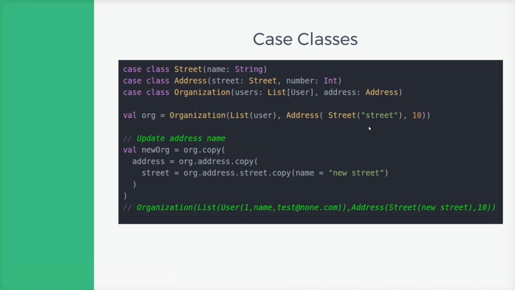To modify the name attribute of the address, we are going to have a hard time, because we need to copy the whole organization, then copy the whole address, and by the third line we have already forgotten what we were trying to do, because it is too much code. The idea is to keep copying everything until we get to the deeply nested attribute. This is awful in my opinion, and can give you a hard time when dealing with immutable data structures.